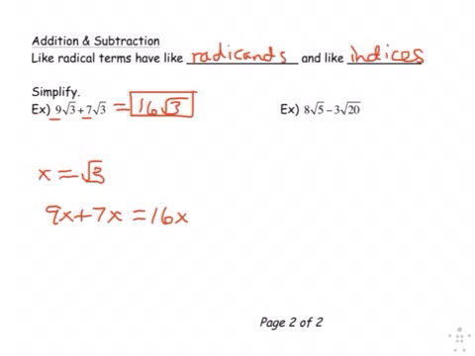And the last example, I need to simplify first. The largest perfect square factor of 20 is 4, and its square root is 2. So that will multiply on the outside. And then the square root of 5 stays underneath.